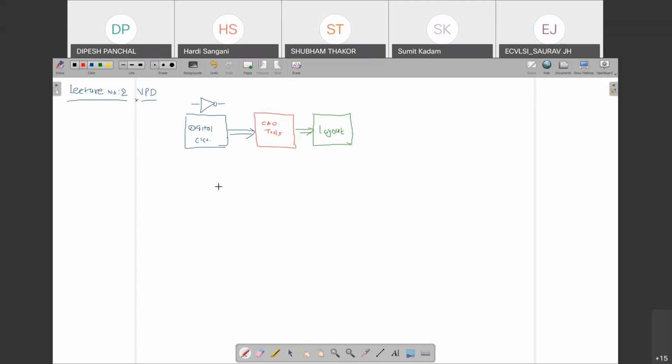The circuit is too complex. With pen and paper, we are not able to design the layout, so we have to take the help of CAD tools, computer aided design tools. Inside these tools, so many steps we are going to follow to generate the complete and useful layout.